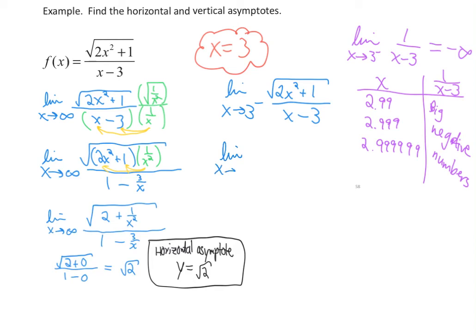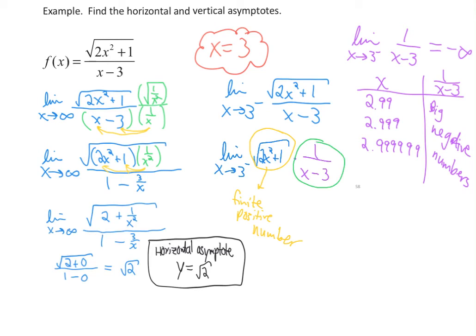In other words, what I'm thinking is splitting these up, rewriting this algebraically in the following way. We know that the square root part is going to approach some finite number, in this case a finite positive number, and we know that 1 over x minus 3 is approaching negative infinity.